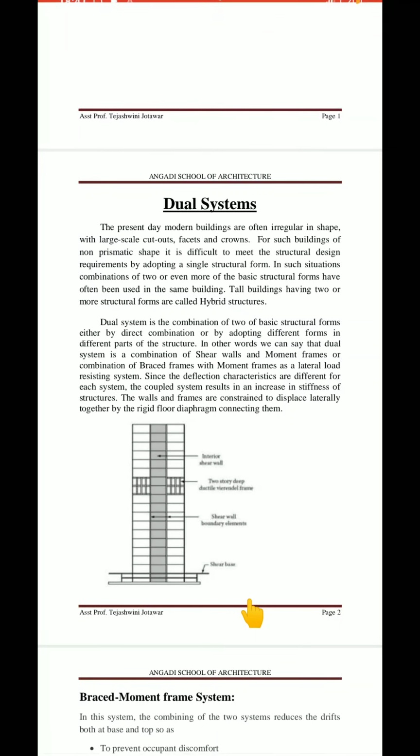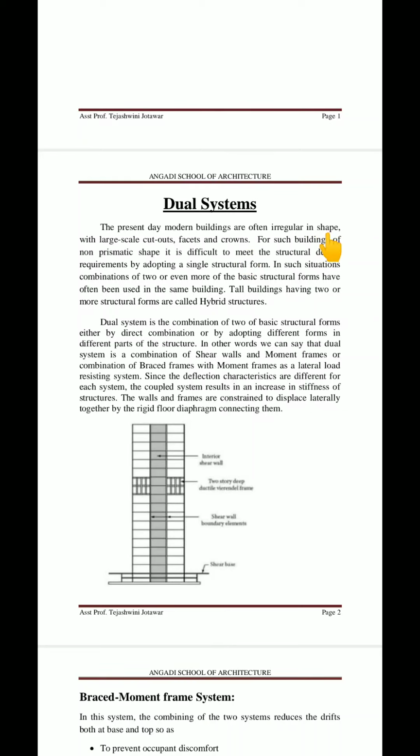We all know that nowadays modern buildings are often of irregular shape. Irregular shape in the sense that they have either very large-scale cutouts, facets or crowns, cantilever structures, or very huge slender structures, especially in high-rise construction.